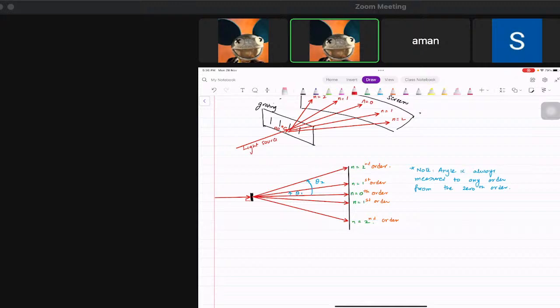So this would be d sine theta equals n lambda. This is the formula that we're going to use for diffraction grating, and that's what you need to remember.